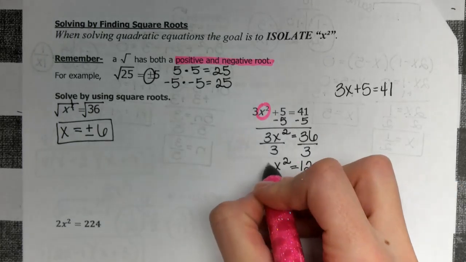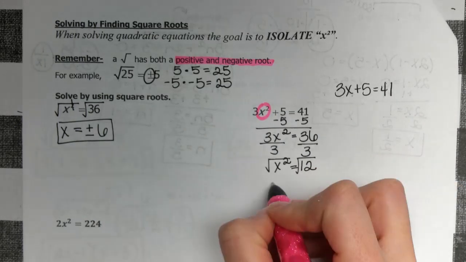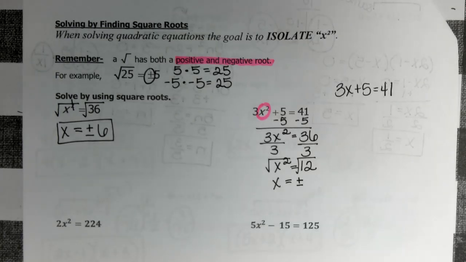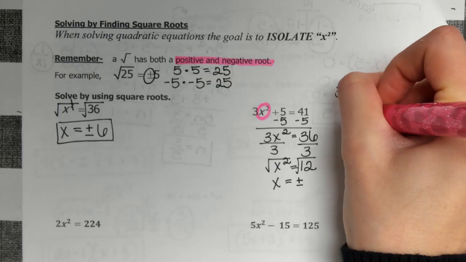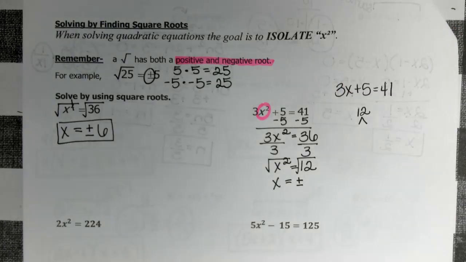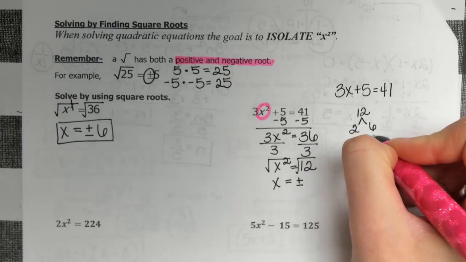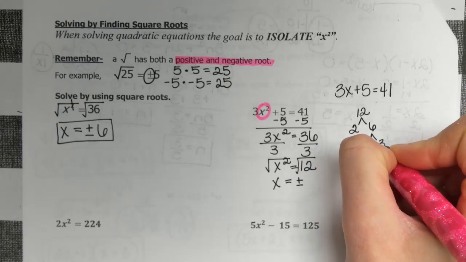I undo the squared by taking the square root. x equals plus and minus. I automatically put it. Alright, now the square root of 12 is not a perfect square. If it's not a perfect square, what do you think I need to do with it? I need to do my little prime factor tree and simplify. Okay, that first lesson we did. So 12 splits into 2 and 6. 6 splits into 2 and 3.